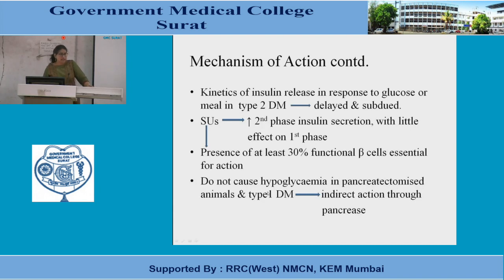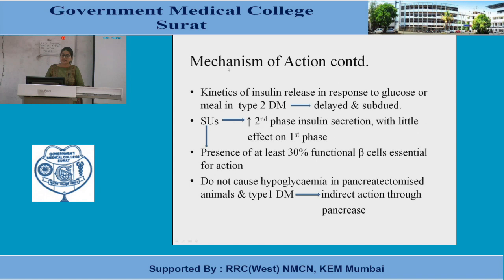Taking further the mechanism of action, what happens in type 2 diabetes mellitus is that the speed with which the insulin should be released in response to glucose or food is either delayed or it is subdued.